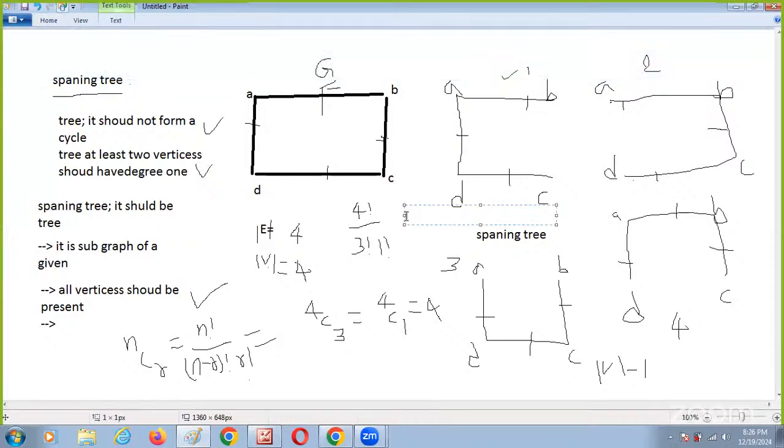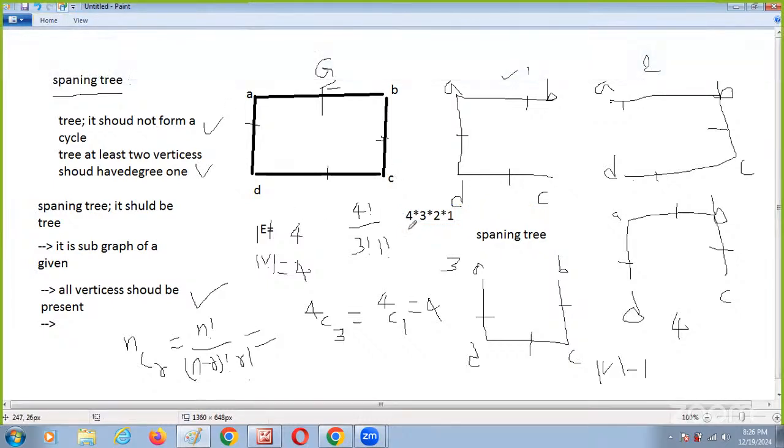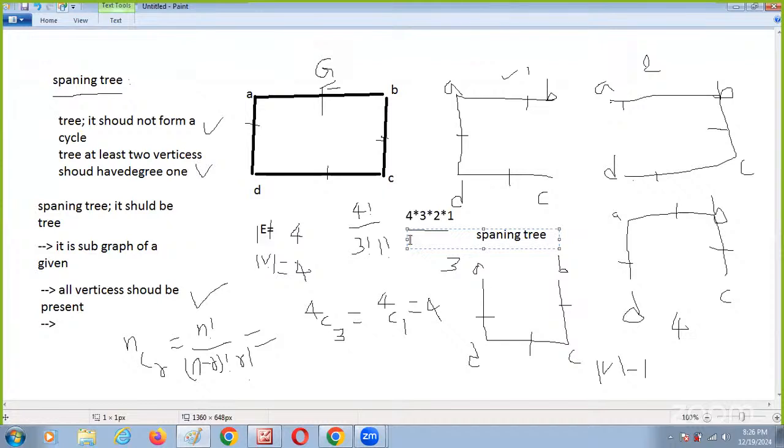4 factorial అంటే 4 into 3 factorial, or you can say 4 into 3 into 2 into 1, divided by 3 factorial into 2 factorial into 1. ఎంత ఆన్సర్? 4 కదా.